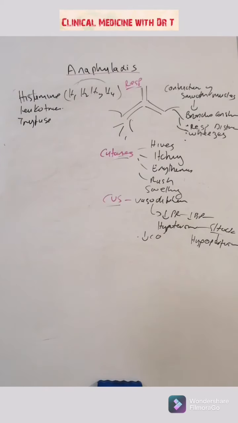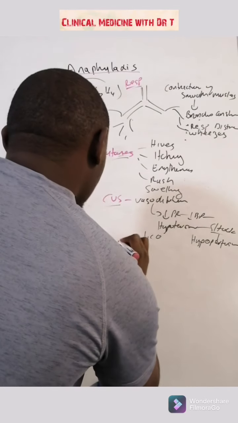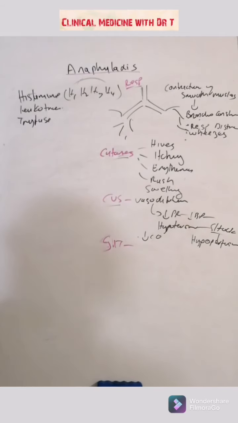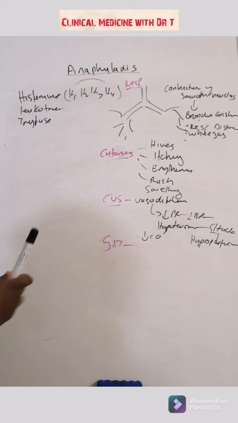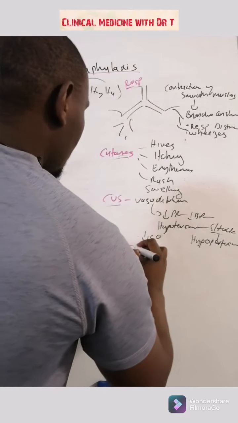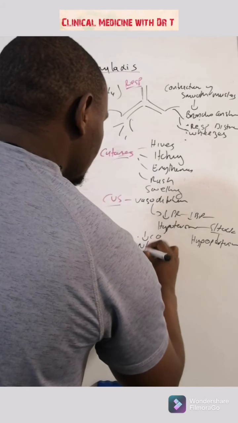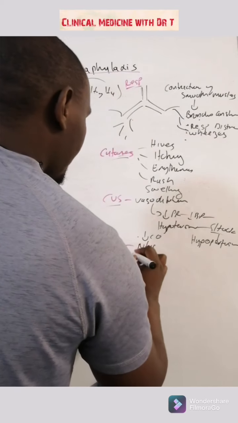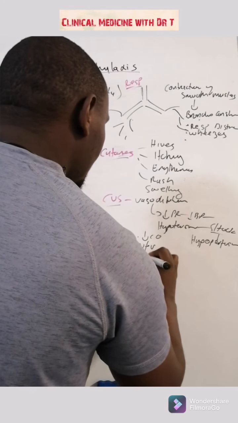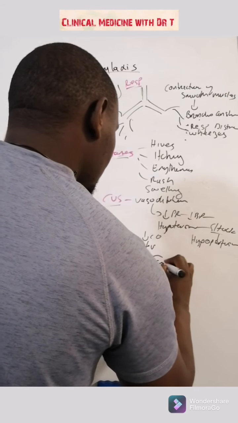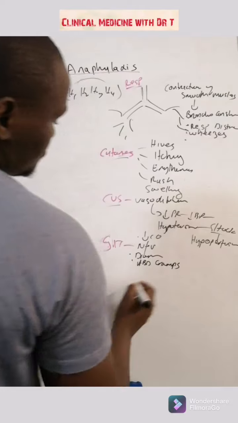So you can also get your GIT being involved, the gastrointestinal tract. The manifestation there would be nausea, vomiting, diarrhea, abdominal cramps, things like that.